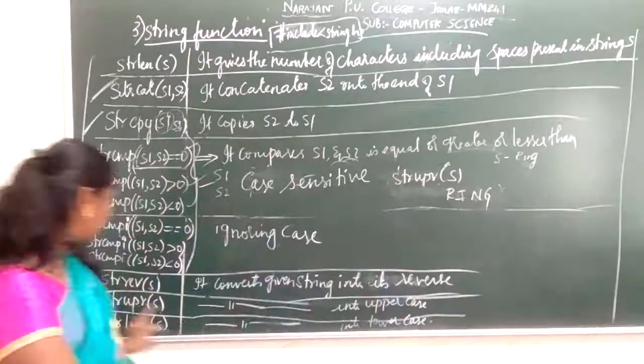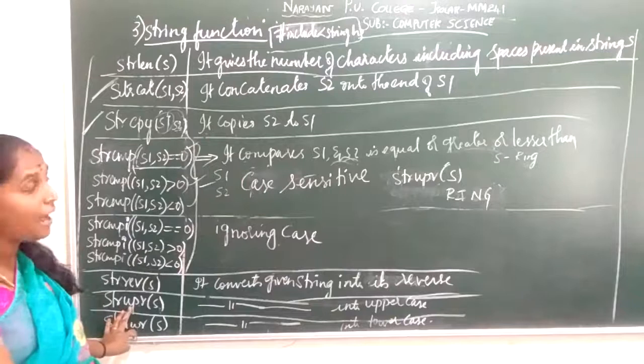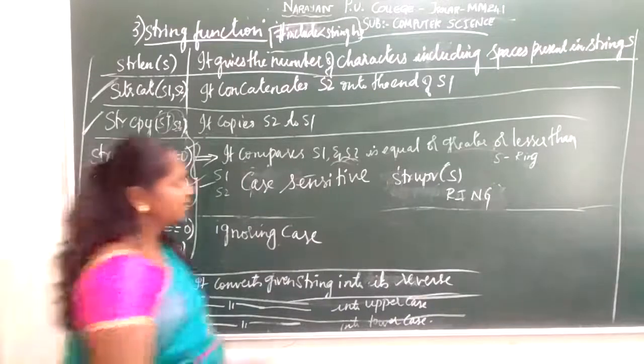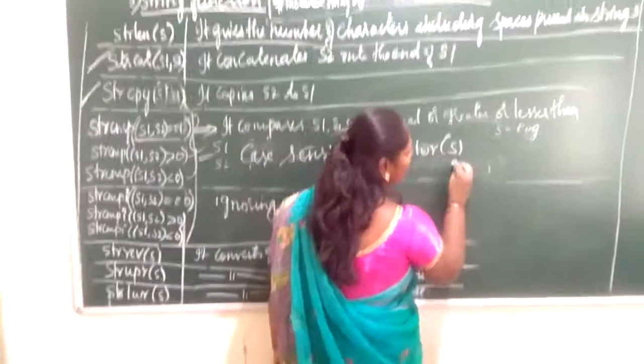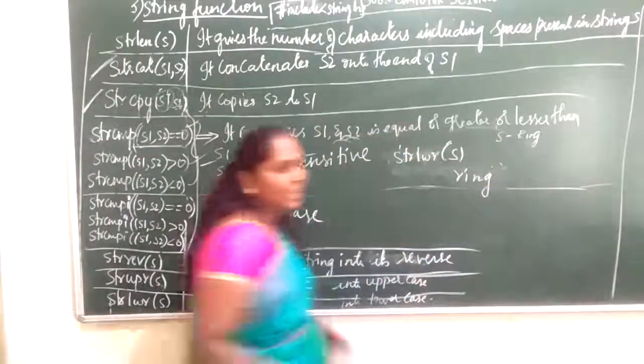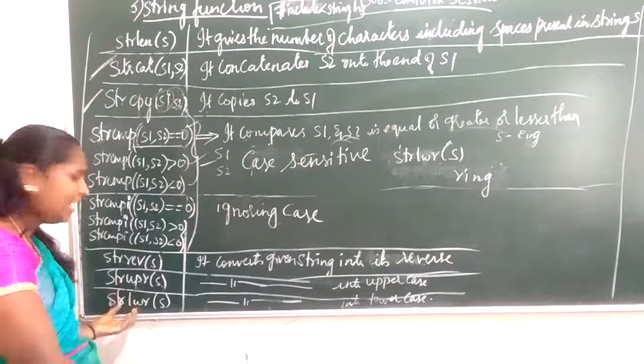Next, string lower means we are going to lower the case. Everything will be lowered into ring. That is the difference between string upper and string lower.